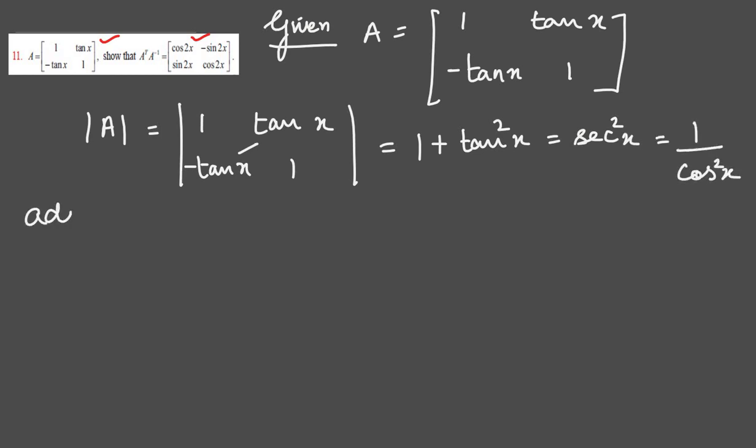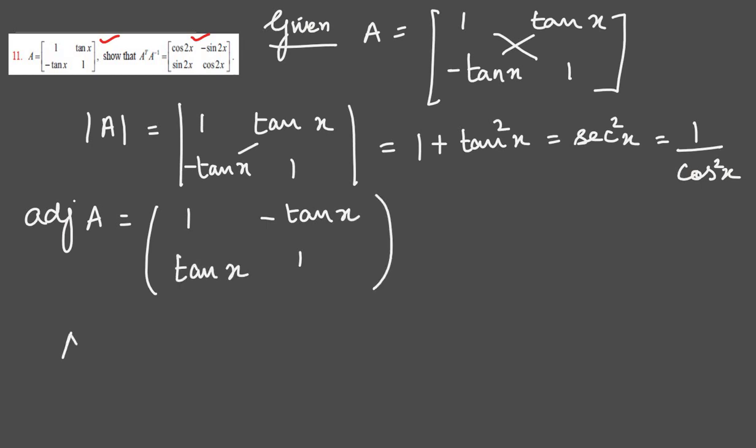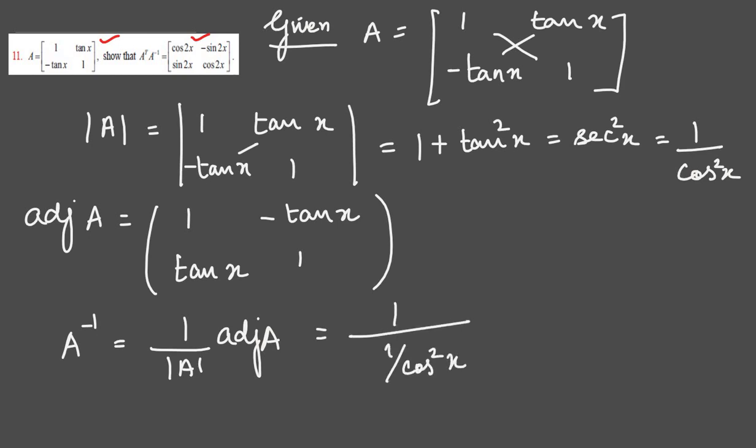Now next we find adjoint of A. We know the shortcut method. Interchange the diagonal elements. Diagonal elements are 1 and 1. Interchange the sign of the non-diagonal elements, so we get minus tan x and tan x. This is adjoint of A. Now for this we find A inverse. A inverse is equal to 1 by determinant of A into adjoint of A, which is equal to 1 by cos square x into the adjoint, that is 1 minus tan x, tan x 1.